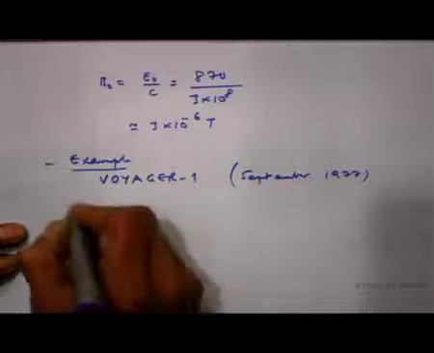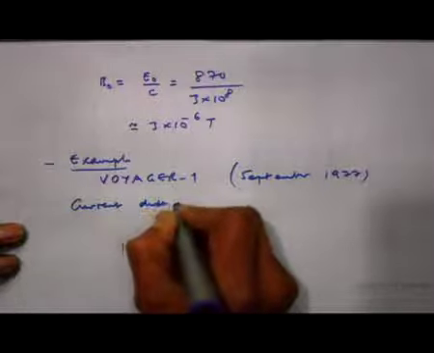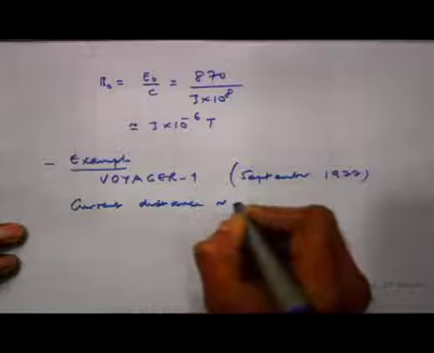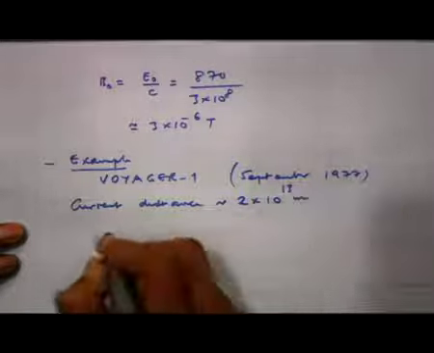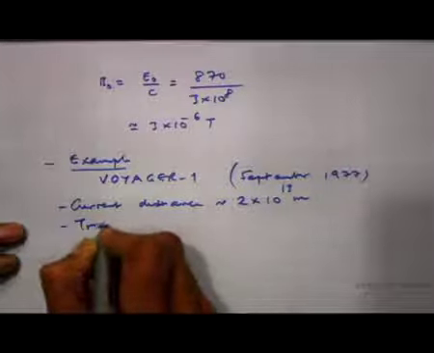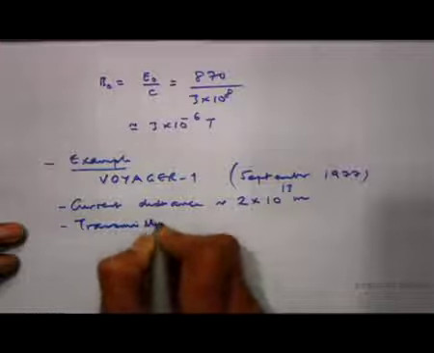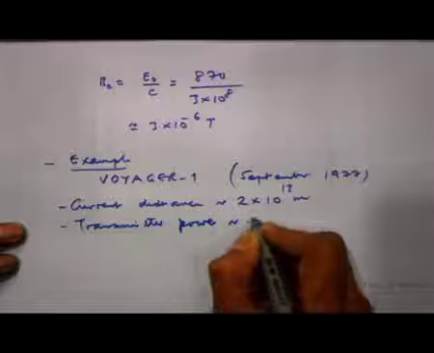The current distance is about 2 into 10 to the power 13 meters, and the transmitter power is about 20 watts.